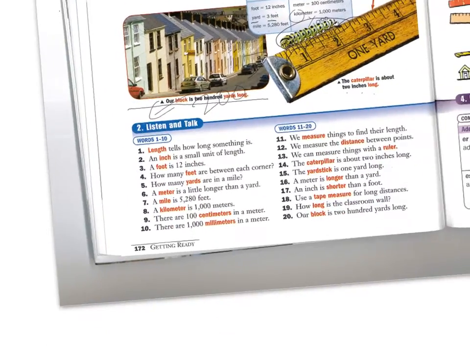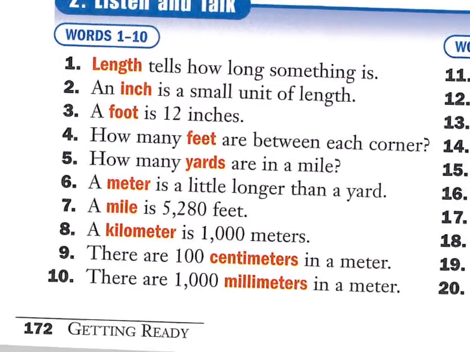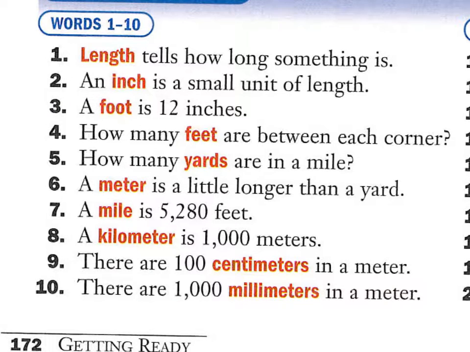So we're going to practice. First you're going to listen, and then you're going to say it with me, and then you're going to practice it with partners. Number 1. Length tells how long something is. Listen.